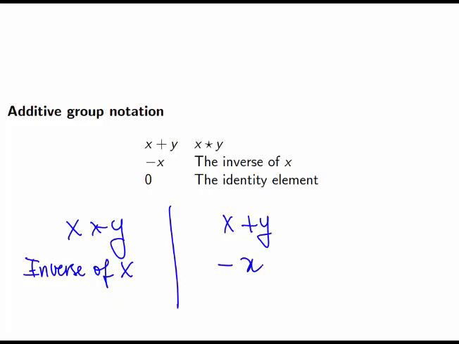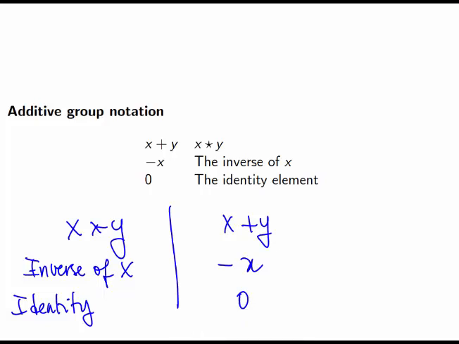And in writing the identity, we can use the shortcut 0. And again, you have to be very careful because x plus y here has nothing to do with the usual addition that we're aware of. And this negative x that you see here has nothing to do with the opposite, because x and y may actually not be real numbers. There could be matrices. There could just be objects which we have attached no particular meaning to.